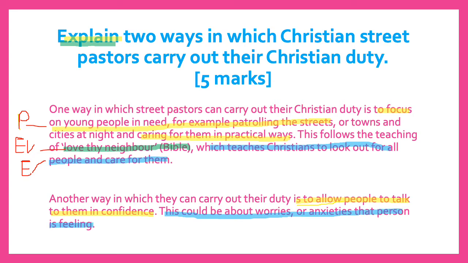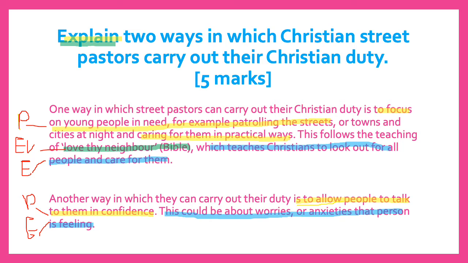So again then, if I was to label it with my red pen, I've got my point in yellow here, and then I've got my explanation in blue here, following that PEE structure we spoke about two slides ago.